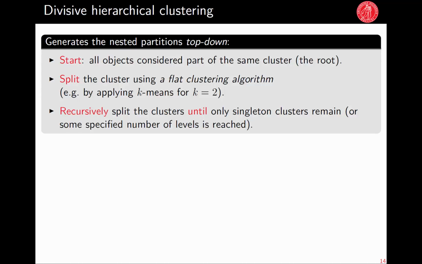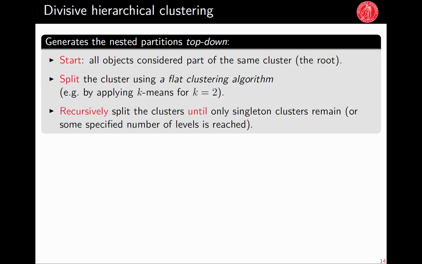Unsurprisingly, given the name. So the starting point is that we consider all objects to form part of the same large cluster. And then we try to define some criterion for splitting that cluster into two. And then iteratively, we keep splitting each of those clusters into smaller subgroups, and keep splitting those again until we reach what would correspond to the bottom of our dendrogram with all objects in their own singleton clusters.